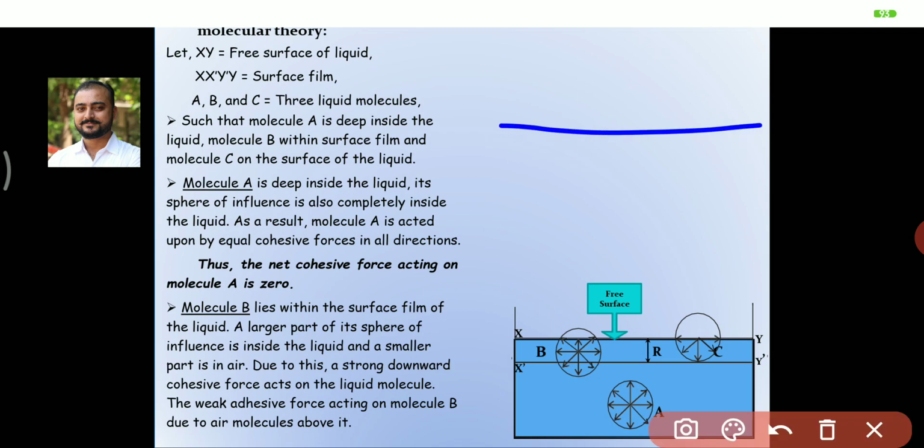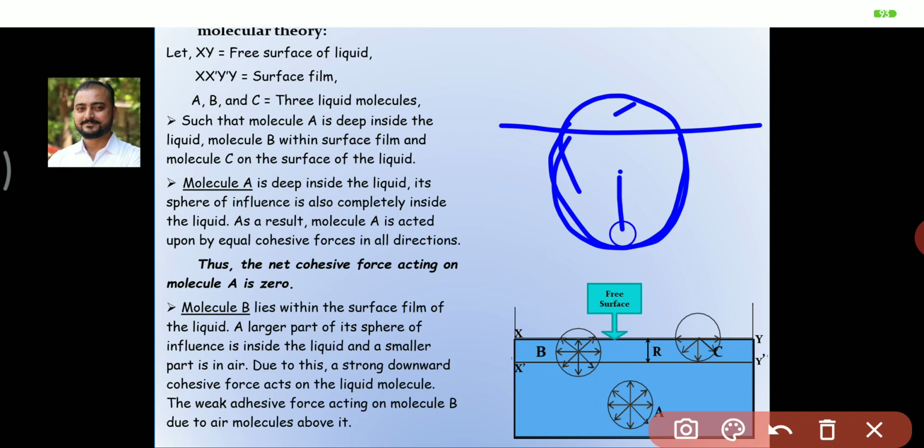Let's suppose this is your surface film and this is your liquid molecule B. A small part is present in the air and a much larger part is present in the liquid.